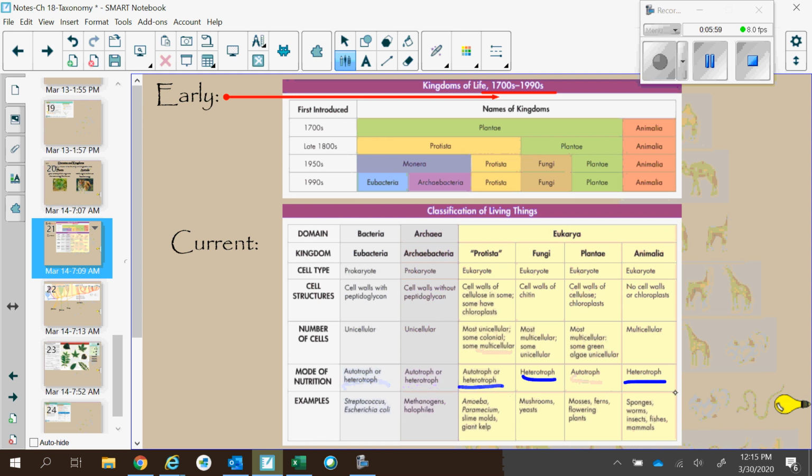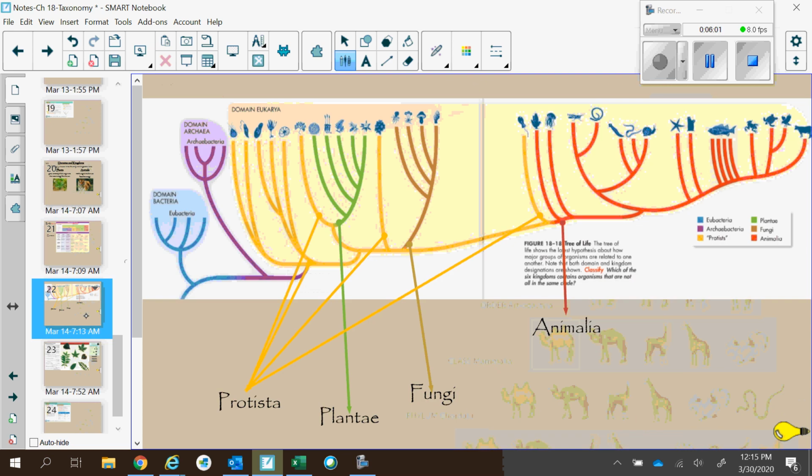So why does this make things difficult? Let's follow this group of protists. These are plant-like protists. These are protists that exist kind of between fungi and plants. And these are animal-like protists. So what is the protist category to us now? It's a catch-all. It's where we put organisms that we're not really certain where they belong.